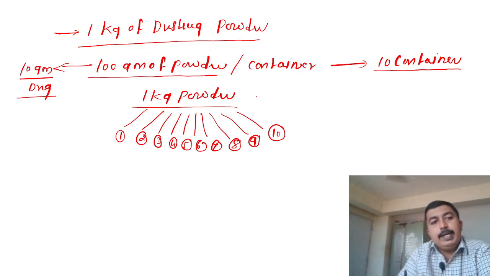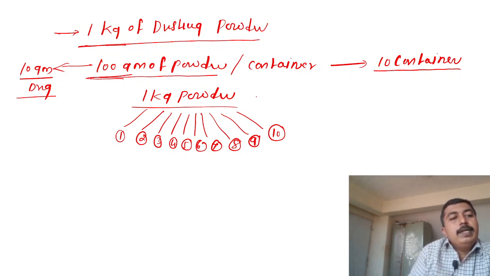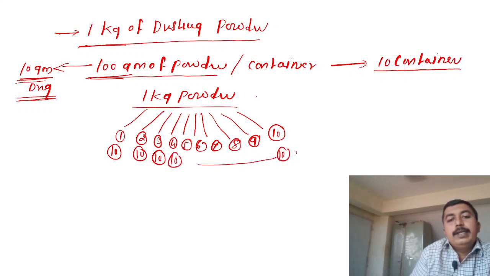So 10 gram of drug should be present in all containers. Here 10 gram, here also 10 gram, there also 10 gram. Likewise, all containers must contain 10 gram of drug.